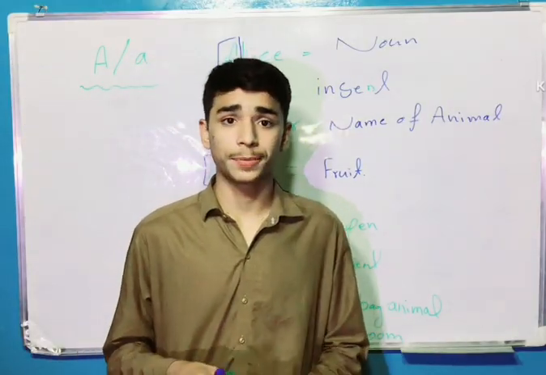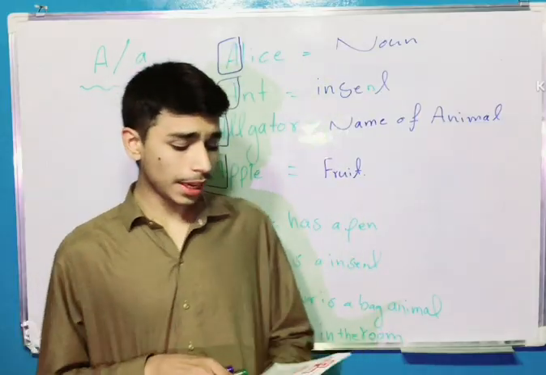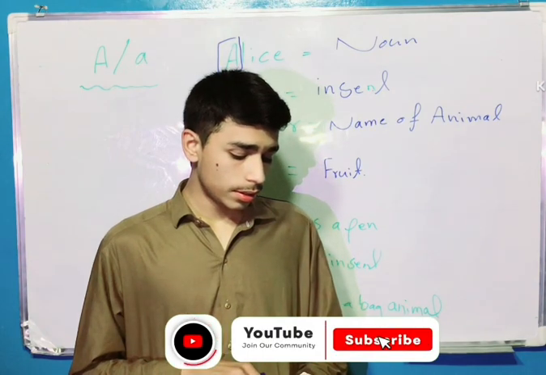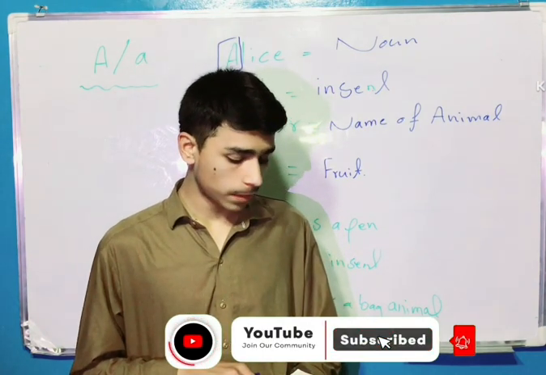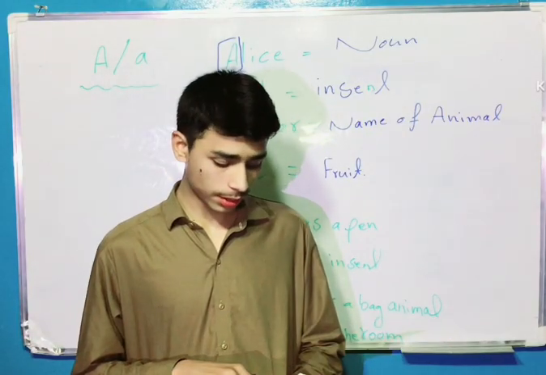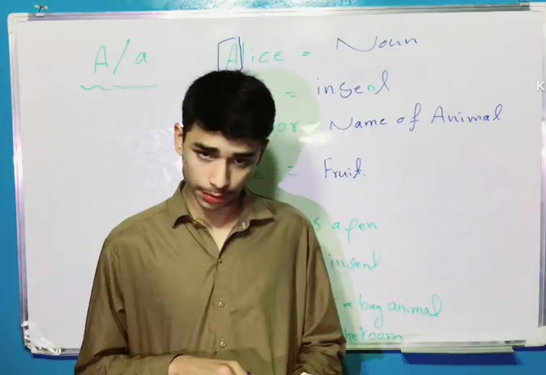So let's repeat. Lesson 1. Words. Alice, ant, alligator, and apple.